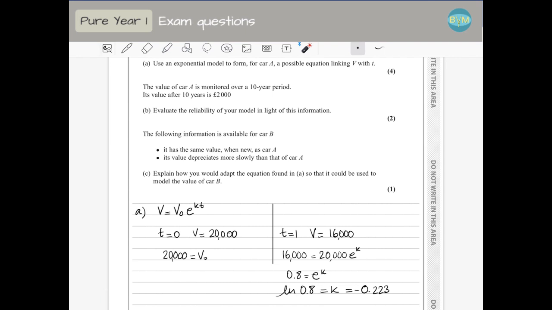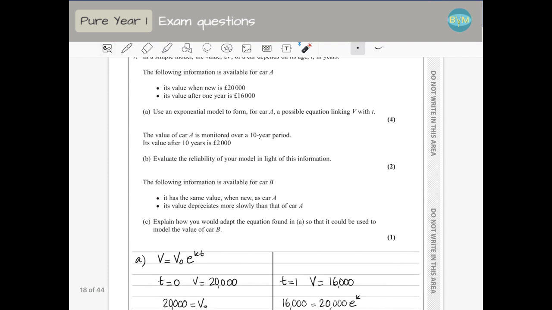What I think you could think is the initial value here was 20,000. If it depreciates more slowly than this one, after 1 year this value will be greater than this one. So let's say it's 18,000, just because it's greater, after 1 year.